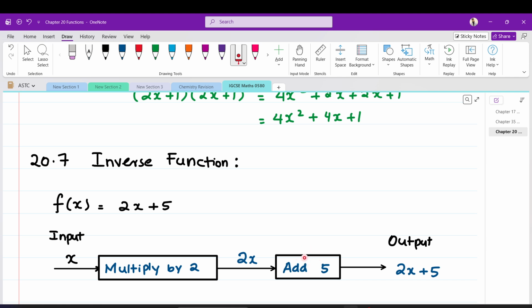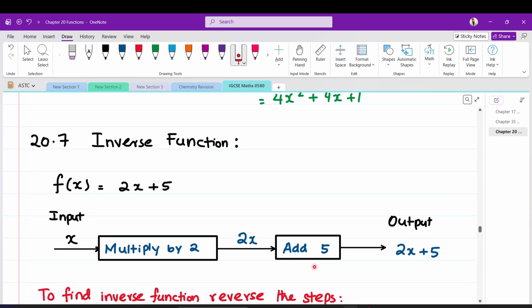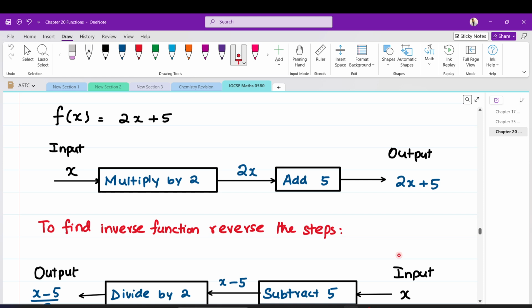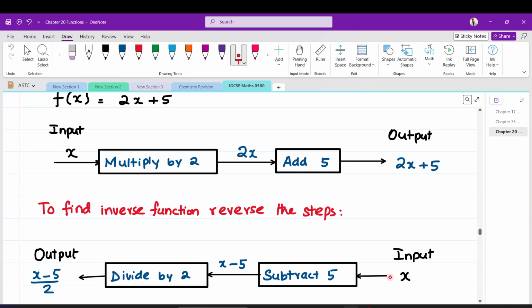Here we have added 5, so now I'm going to subtract 5. x goes in, I subtract 5 from it, so my output will be x minus 5. Now, over here it was multiplied by 2, so I'm going to take the inverse of it, the opposite operation, which is dividing by 2. So this expression will now be divided by 2. Therefore, my output is going to be x minus 5 upon 2.